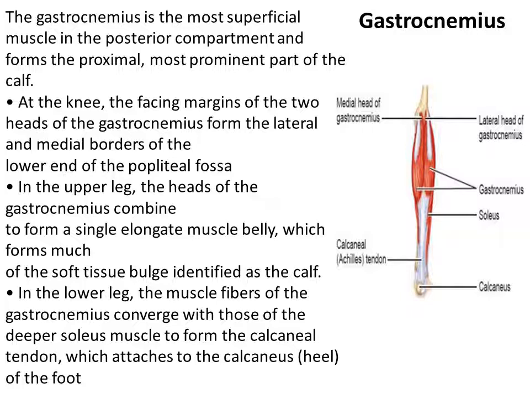In the upper leg, the heads of the gastrocnemius combine to form a single elongated muscle belly, which forms much of the soft tissue block identified as the calf. In the lower leg, the muscle fibers of the gastrocnemius converge with those of the deeper soleus muscle to form the calcaneal tendon, which attaches to the calcaneus of the foot.